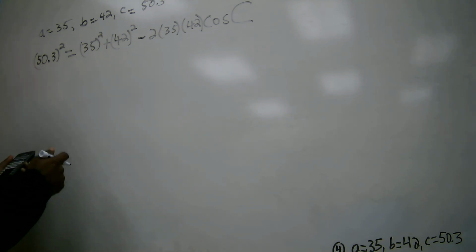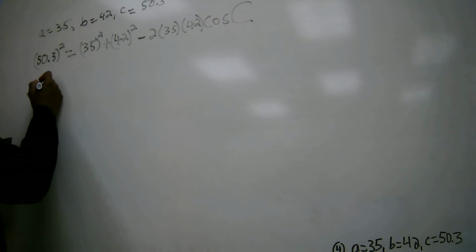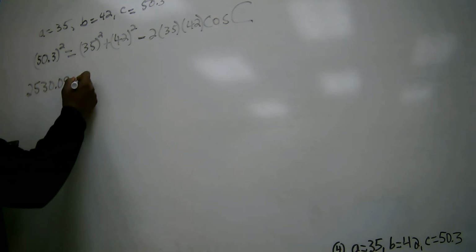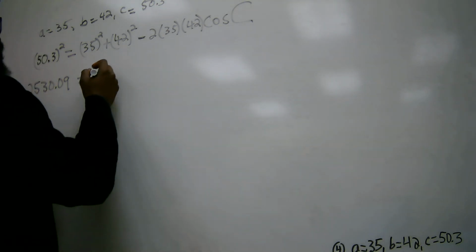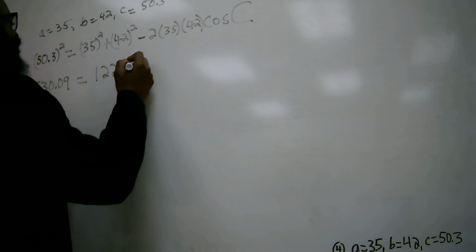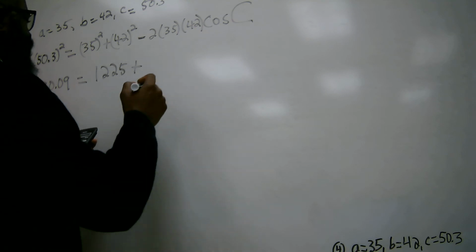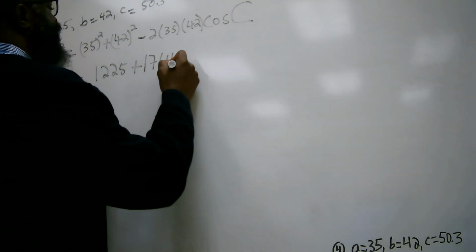You square that, and that gives me 2,530.09 equal to 35 squared, 1,225, plus 42 squared, that will be 1764.